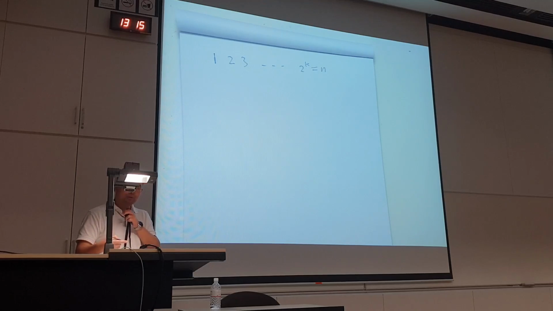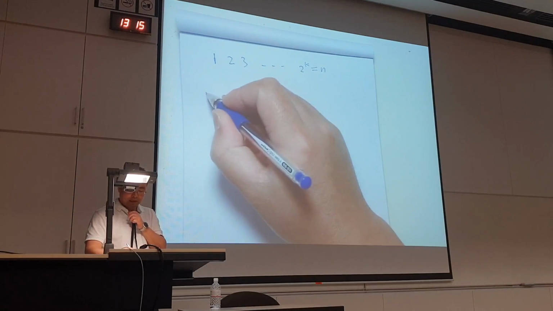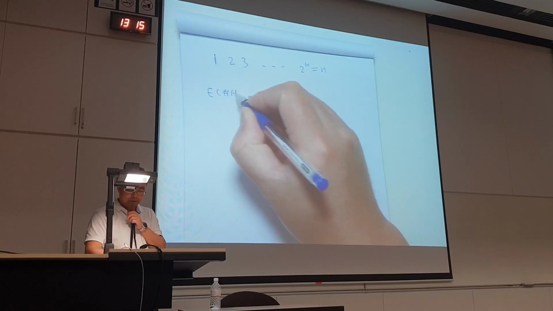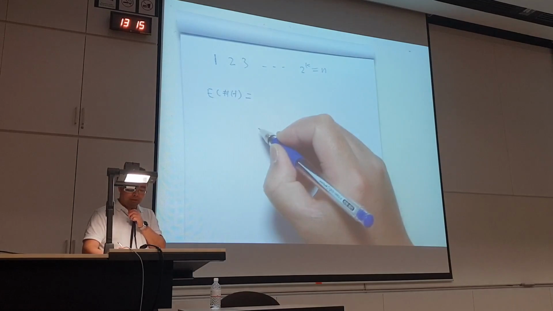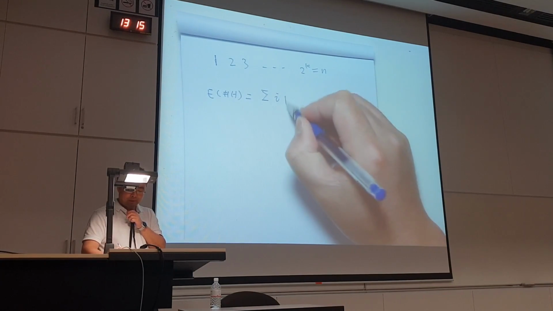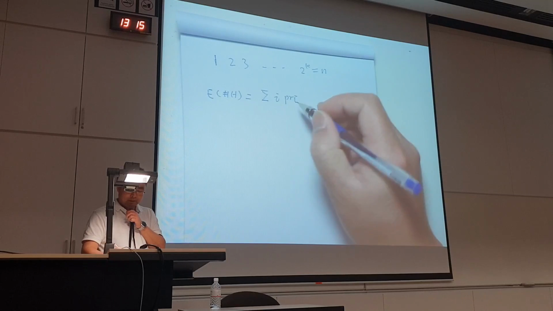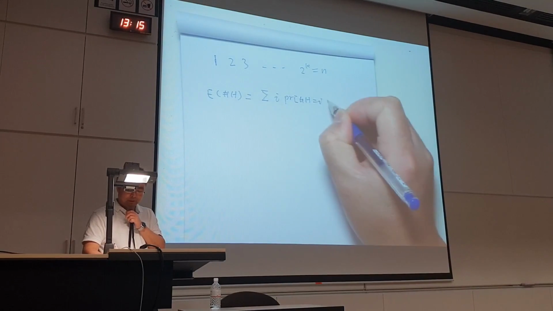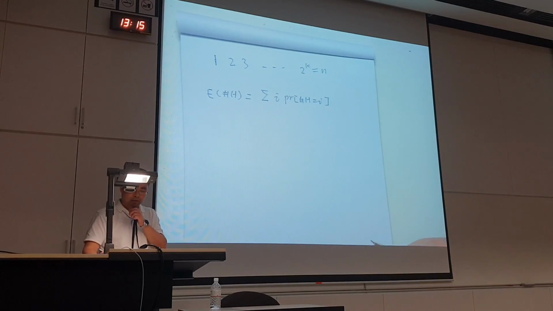If you want to calculate the expected number of hashes, this is the sum over i of i times the probability that the number of hashes equals i, where i is from 1 to n. This is how to calculate the expected value.